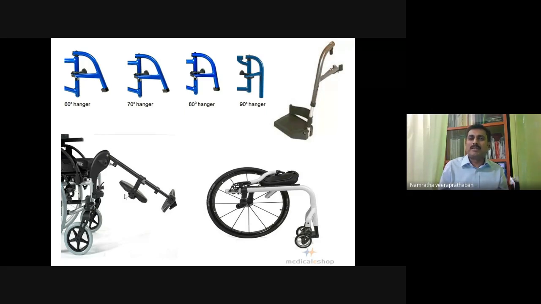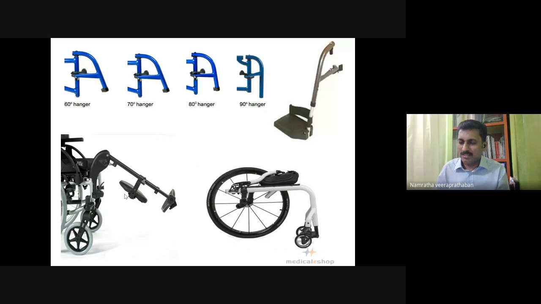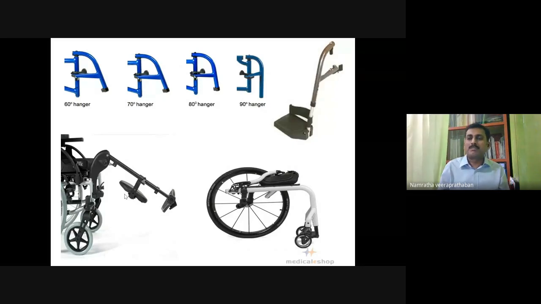Sometimes they have edema. Elevating hangers is actually not a solution for edema, but people still recommend it. So the message is: recommend 90-degree hangers for those who have hamstring tightness. If they have no hamstring tightness, then you can go for 80 or 70.